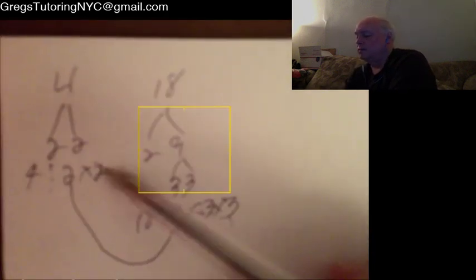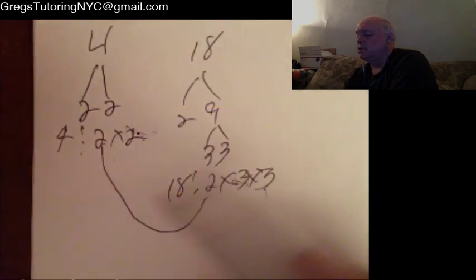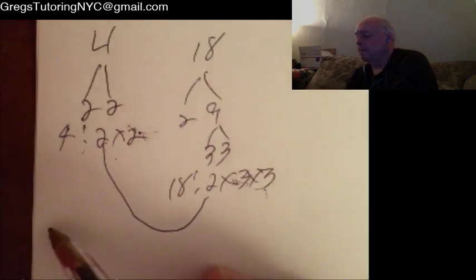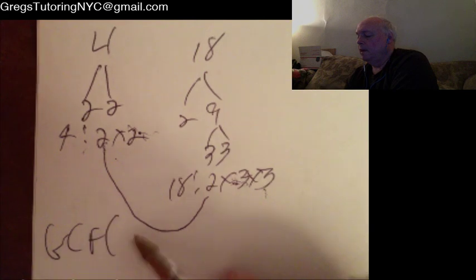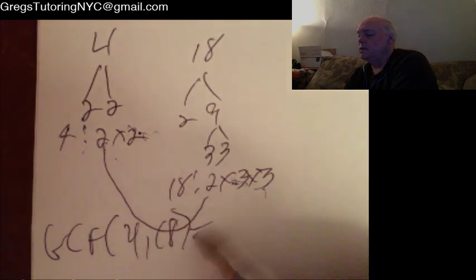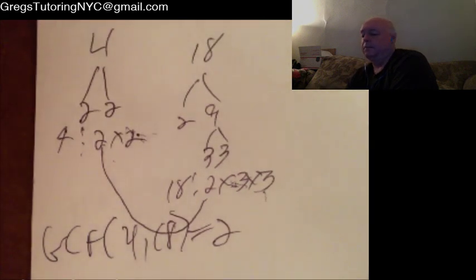There's no 3 here. So we're done. That's it. So the GCF of 4 and 18 is equal to 2. That's it. We're done.